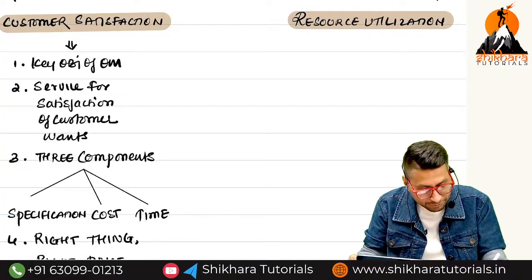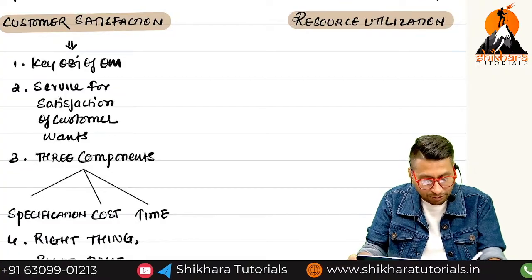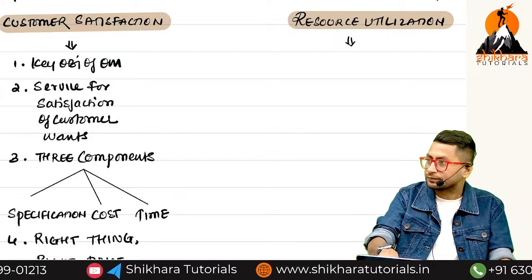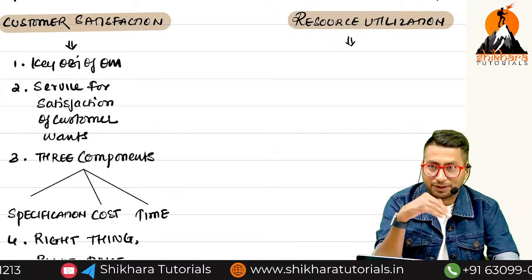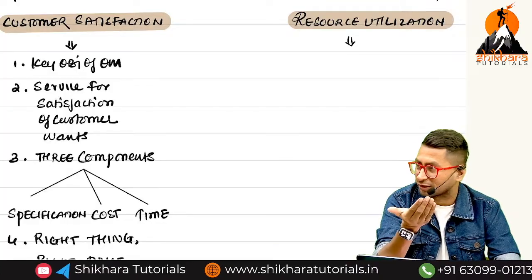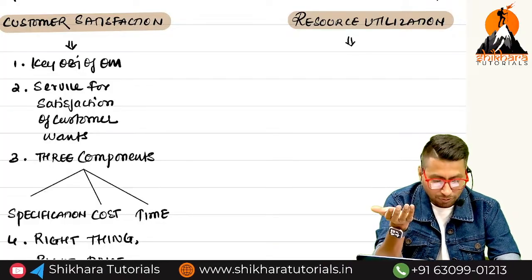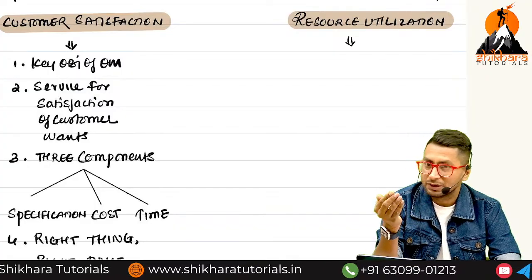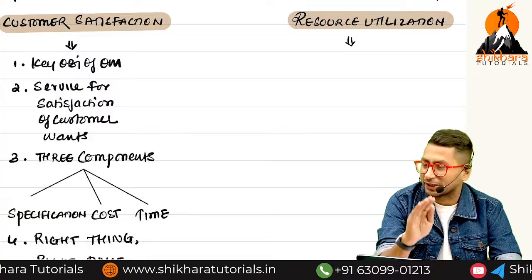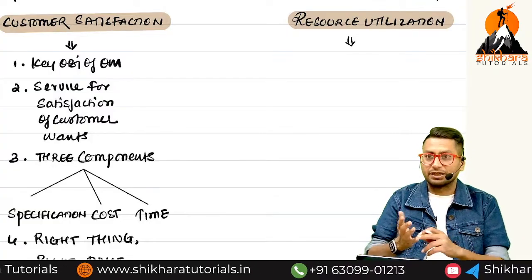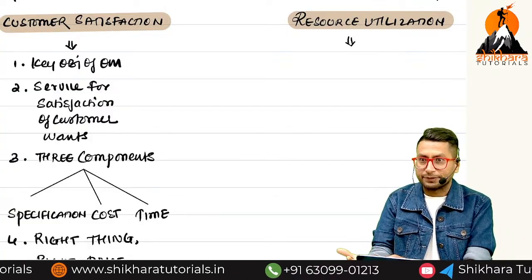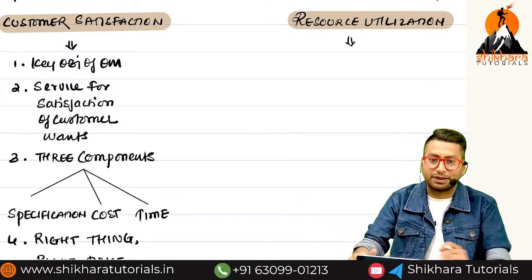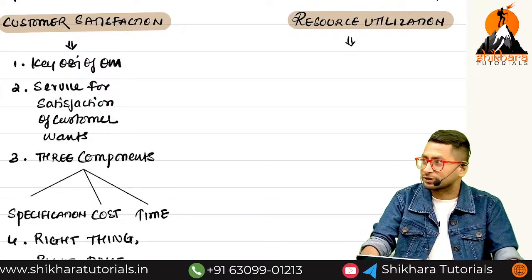Resource utilization. As I already told you, we should minimize our wastage. So when I minimize my wastage, am I using my resources efficiently? So there should be efficient utilization of resources, not inefficient. Because if I don't use my resources properly, like money, for example, very high money in working capital and very little money in fixed capital, it is a problem for the business.